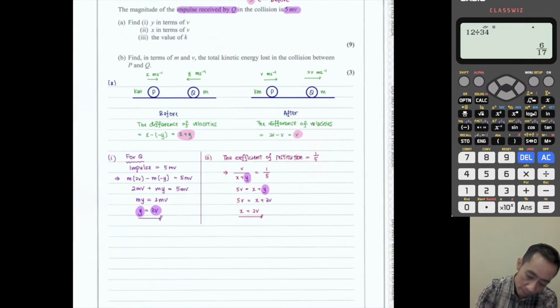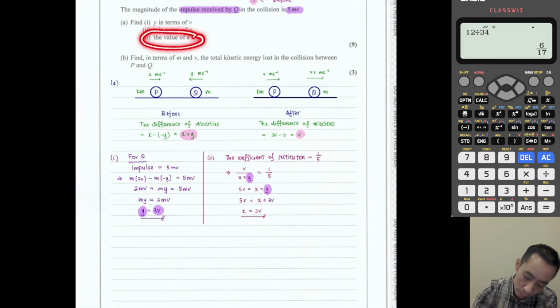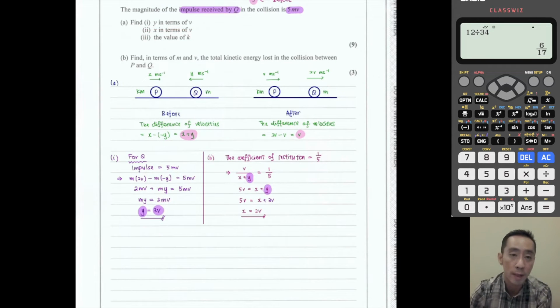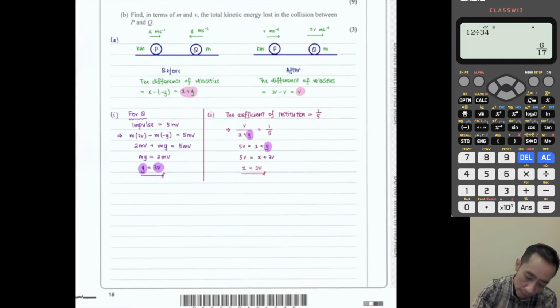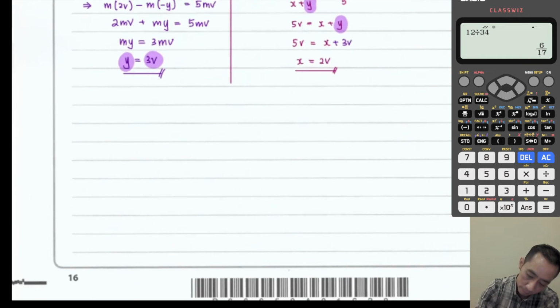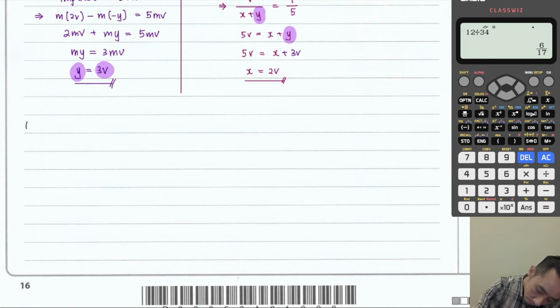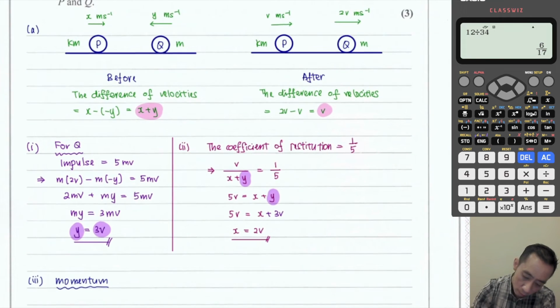Now, how would we find the value of k? What other concept can we apply to this question? The momentum before and after must be equal. So let's see for the third part. We use momentum, before and after.